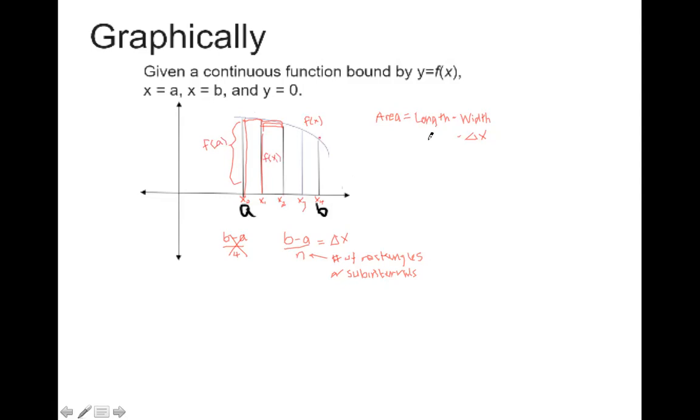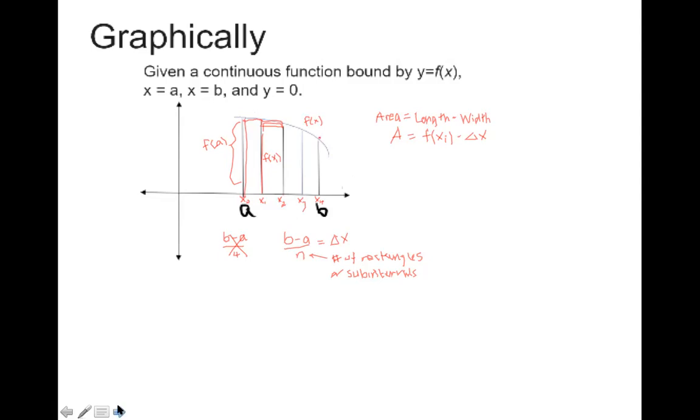And so the height of these is f of xi, because i is just whatever interval it is, and that's going to get us the area under this curve. So the height of the rectangle times the width of the rectangle, right? And these things in here are called our subintervals.